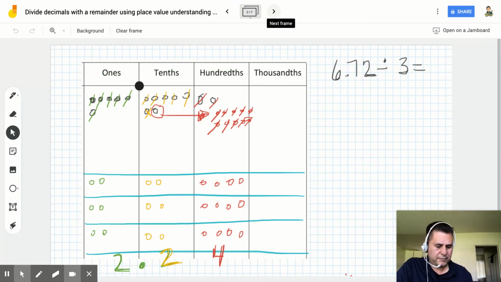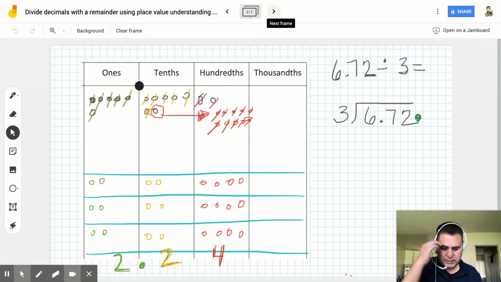Let me show you. Once again, the 3 divisor goes outside, the dividend goes inside. Just like that. Now, let's review. What did we do first? The first thing was to divide the biggest unit into the groups of 3.